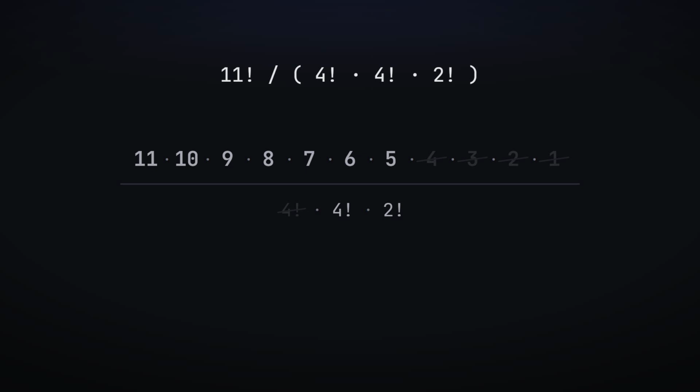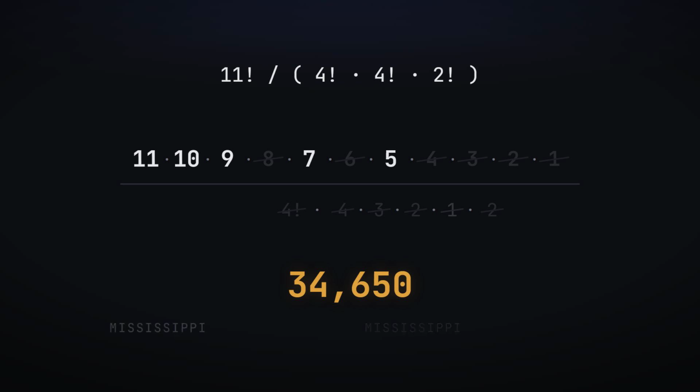Now the other 24 and the 2 written out as well. 4 times 2 is 8. 3 times 2 is 6, gone too. What's left multiplies to 34,650. So most of that 40 million was really just the same arrangement showing up over and over.